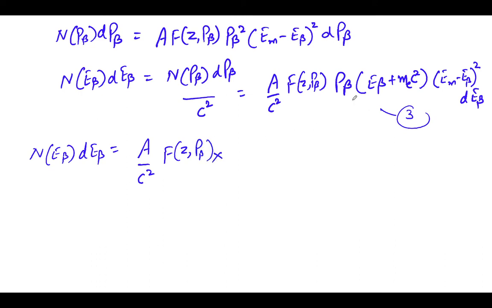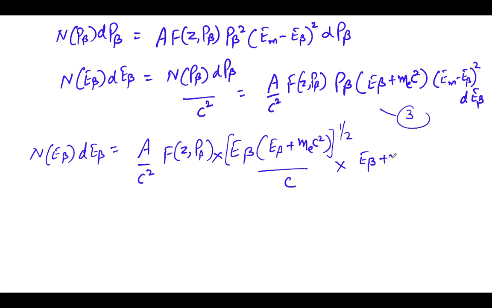Putting the value of p_β, we get (E_β plus m_e c²) under root of E_β plus m_e c², over c, into (E_m − E_β)² dE_β.